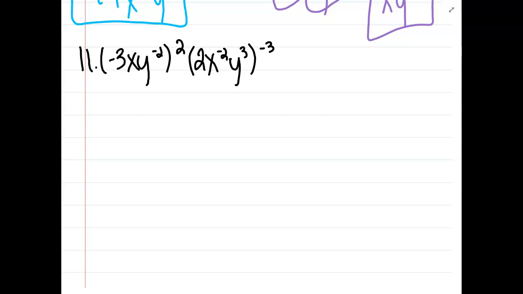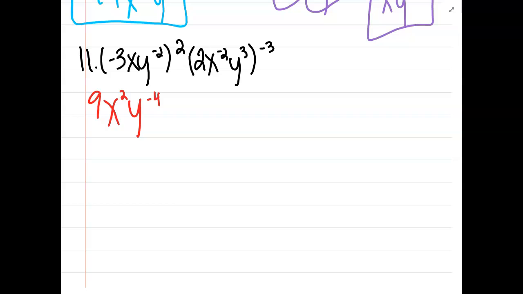So for this first one, you need to square everything in here, including the negative, including the 3, the x, and the y to the negative 2nd. So when you take negative 3 squared, that's negative 3 times negative 3, which would be a positive 9. You're going to take x squared. And then when you take y to the negative 2nd squared, the power of a power, you multiply those exponents. It's going to be y to the negative 4.